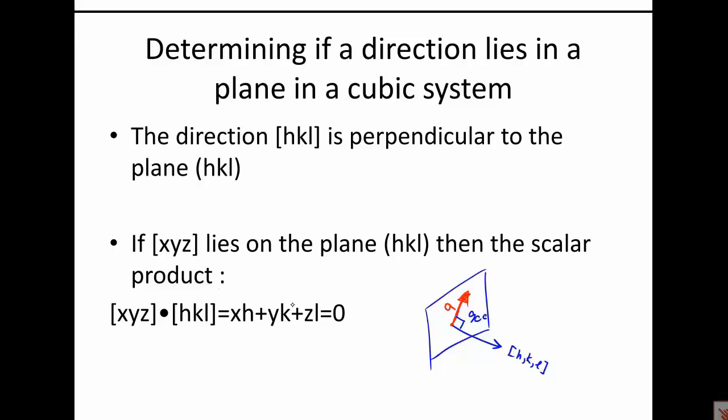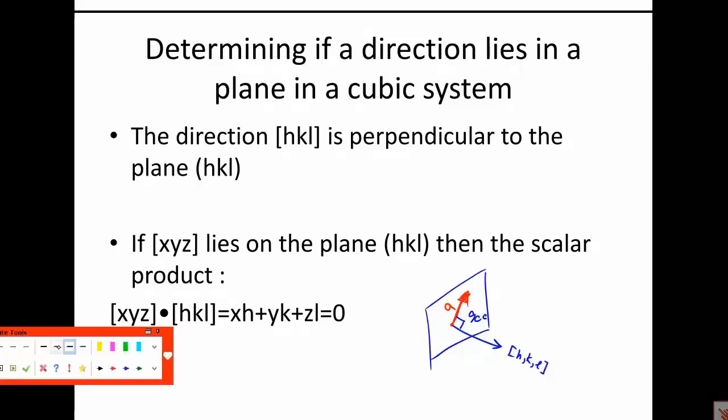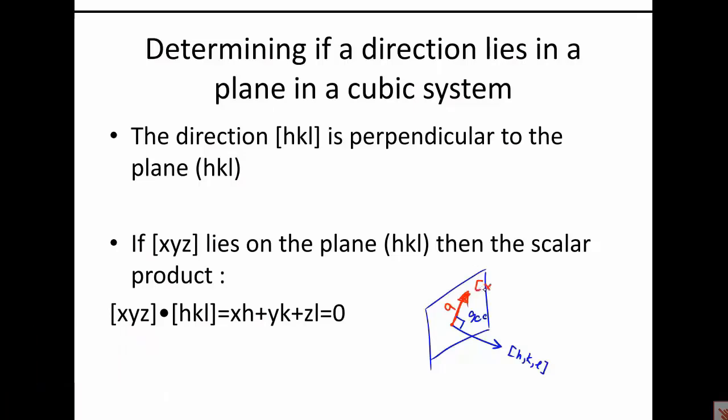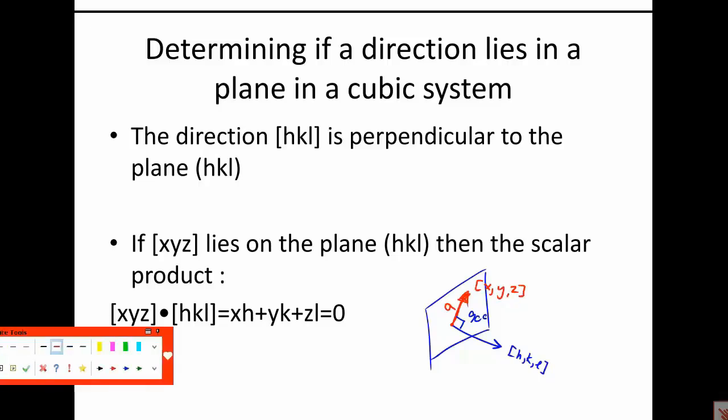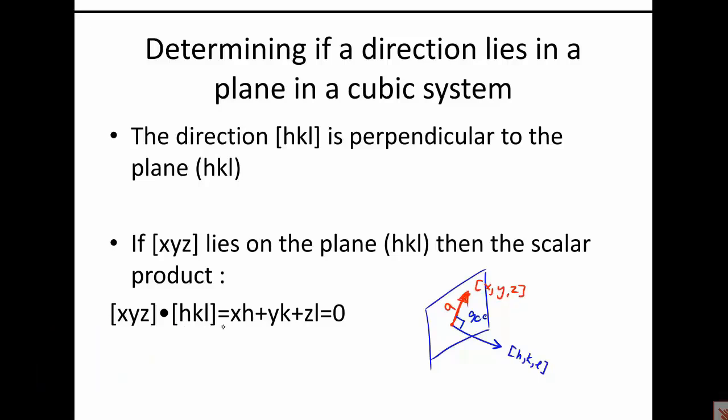And we can use the property of scalar products to take the scalar product of a direction xyz and the Miller indices of the plane. We multiply x by h, add that to y times k, and add that to z times l.